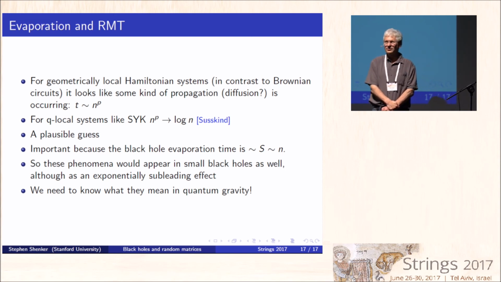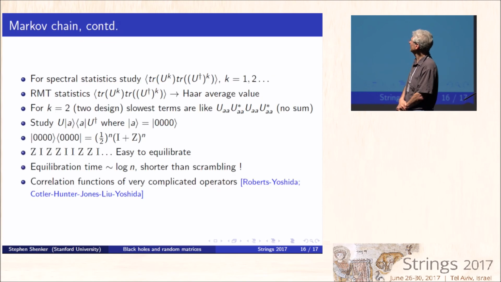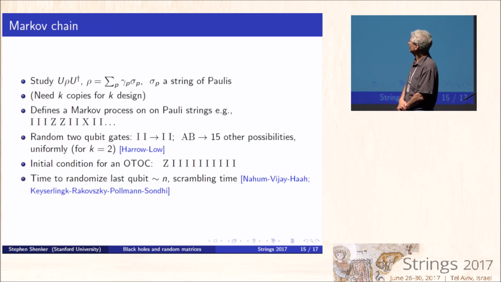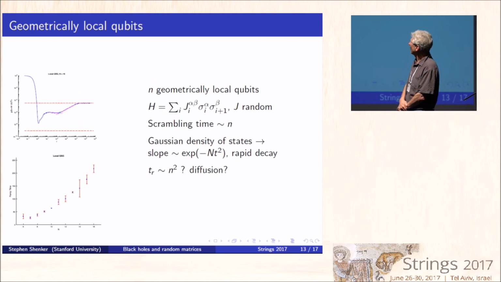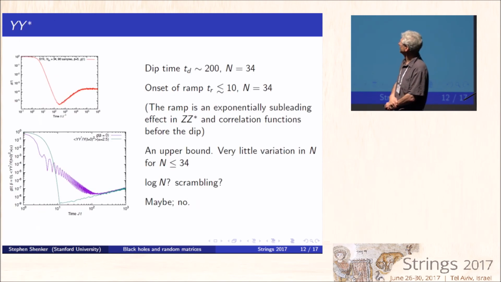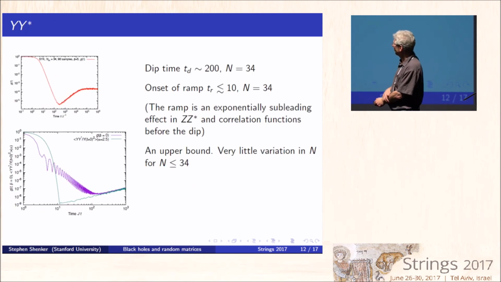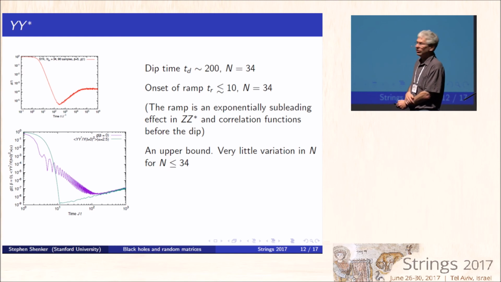I may have misunderstood completely, sorry, but you showed a graph which had a dip and then rose again. And the time scale for that dip, did you say, was approximately log of n? In the actual SYK model. So here, this green line, where this sets in?